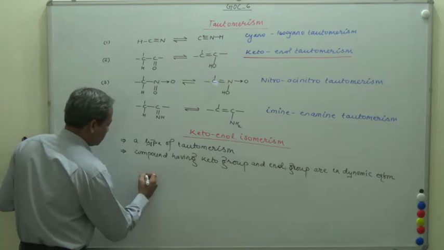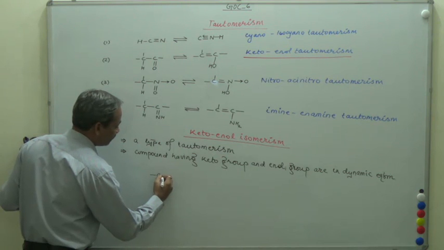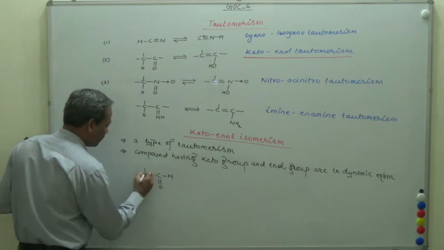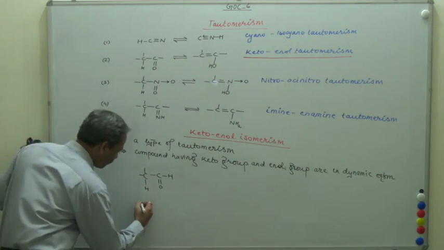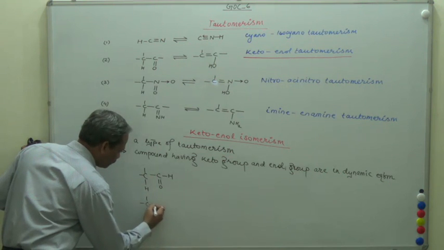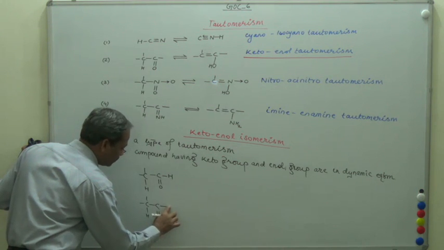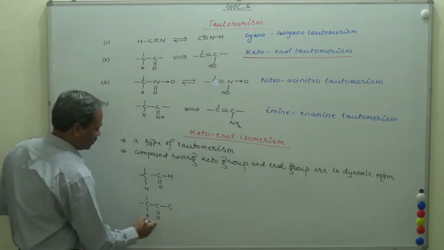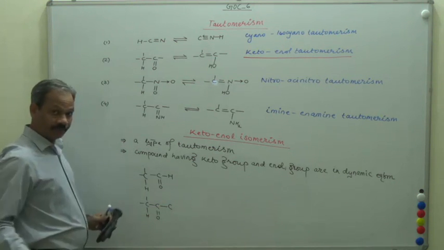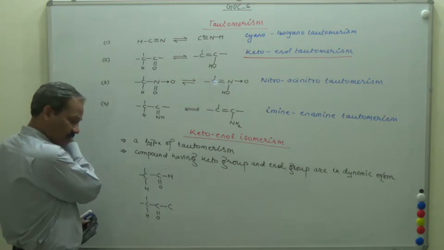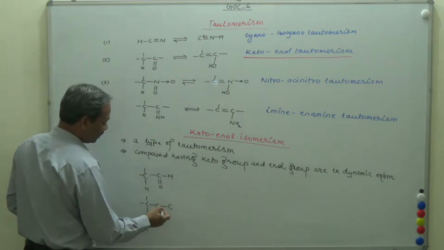Keto group means compound having either aldehydic or ketonic type of functional group. So any compound having this type of structure or this type of structure in which there is carbon side chain with single bonded carbon, double bonded carbon, any type of carbon atom, ketonic type of carbon atom.